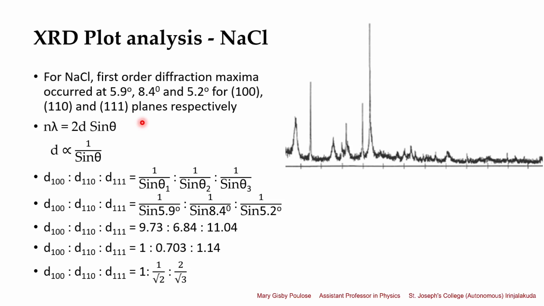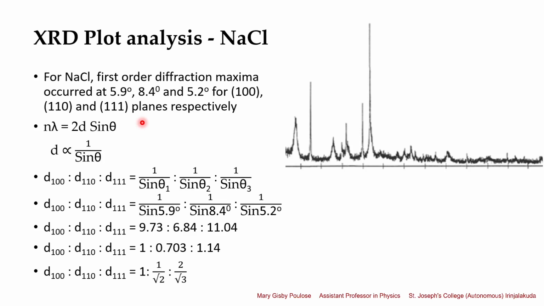If we calculate the interplanar spacing d_hkl for a cubic crystal having unit lattice parameter, that is, the lattice parameter a is 1, we get d100 as 1, d110 as 1 by root 2 and d111 as 1 by root 3.